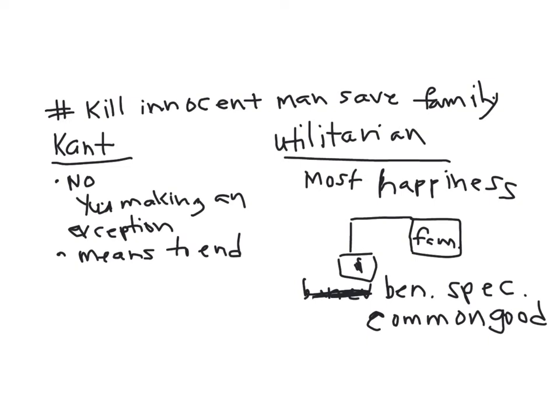You need to do what's best for the common good of everyone. And if the government wants you to kill this guy, then you should do that because it's the best in the long run for everybody in society. You shouldn't be worrying about your own family.